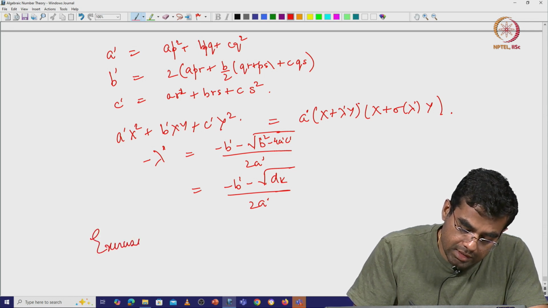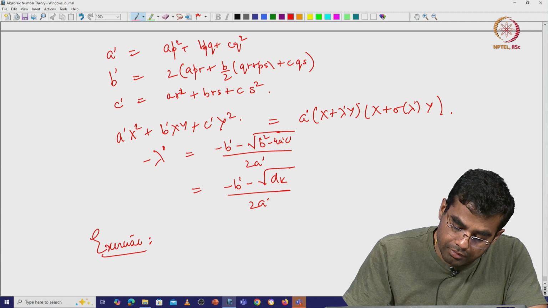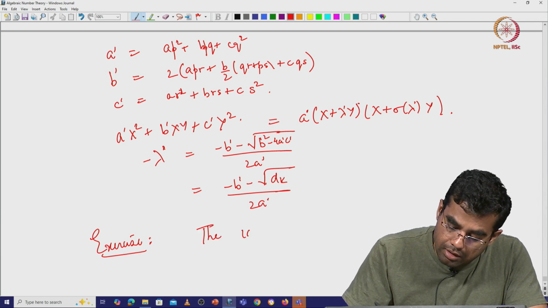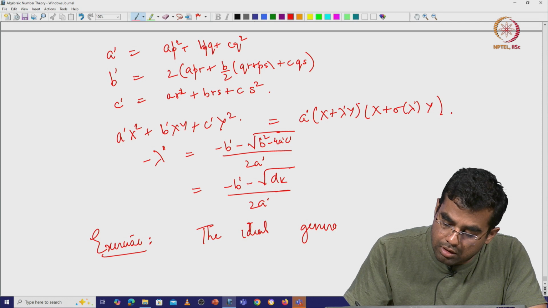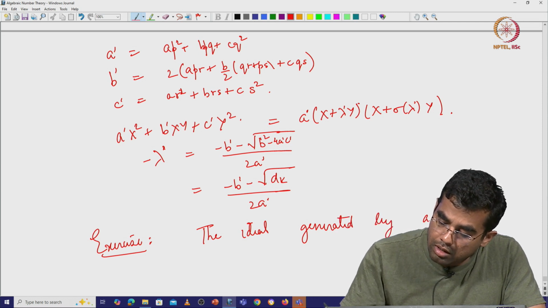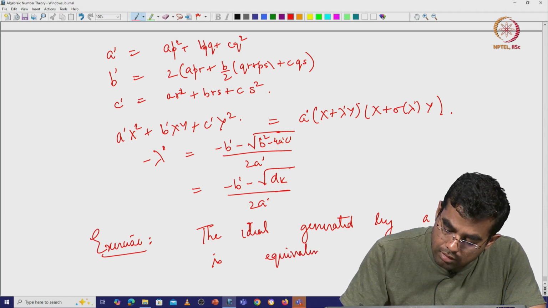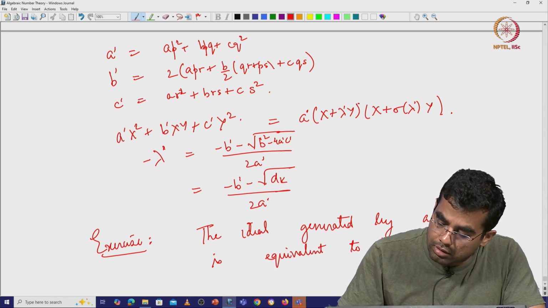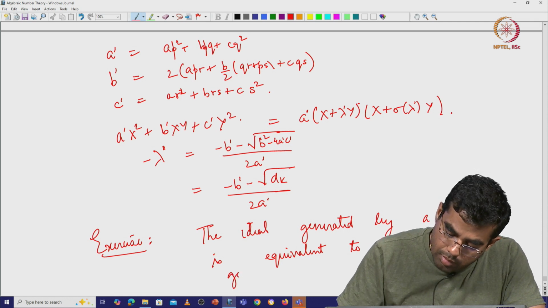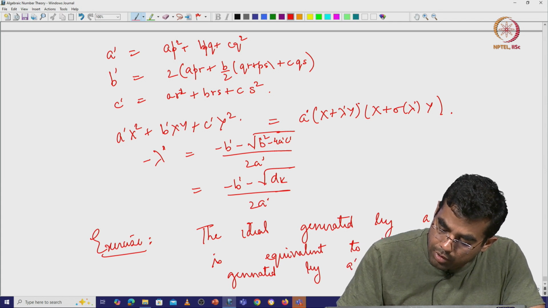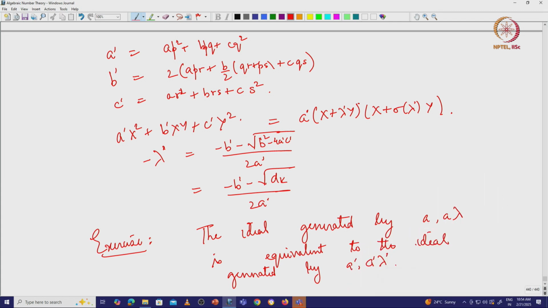Let me leave that as an exercise, that the ideal generated by A and A lambda is equivalent to the ideal generated by A prime and A prime lambda prime, right. I mean, you get rid of this A prime in the denominator anyway, and then there is some calculation to do to find a scalar which works for you.